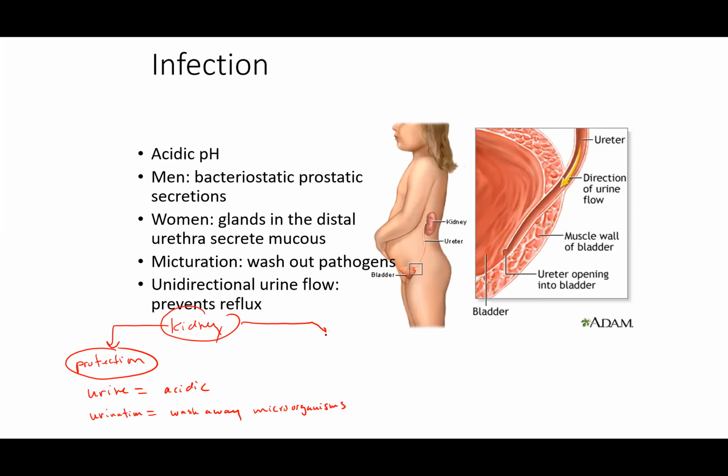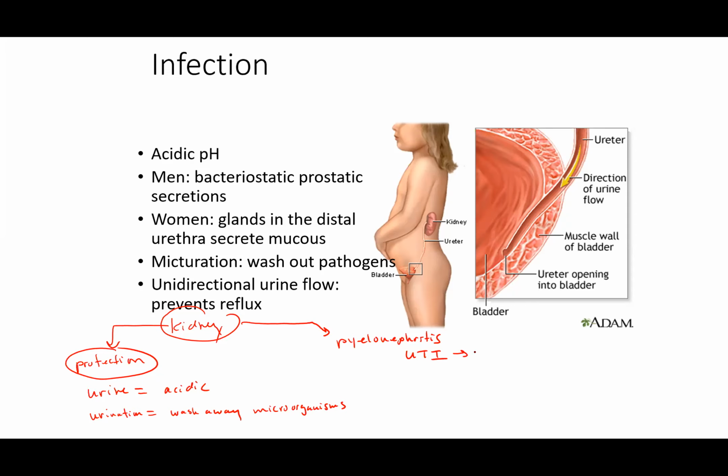But the kidney can also develop pyelonephritis, which is a type of urinary tract infection, or it can cause a urinary tract infection.